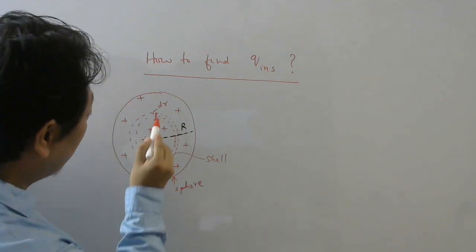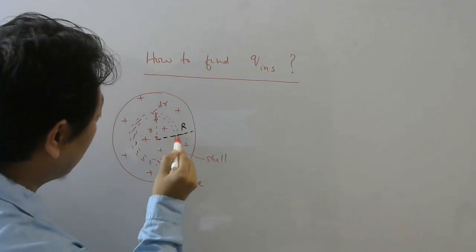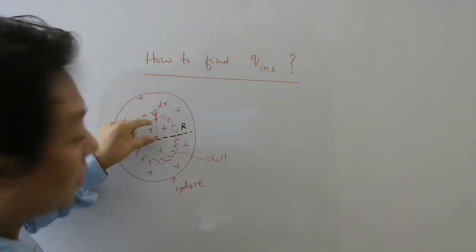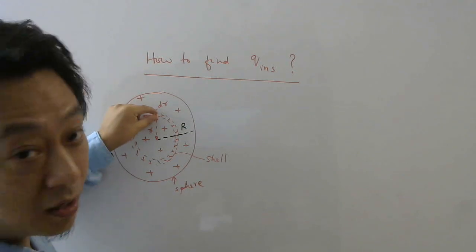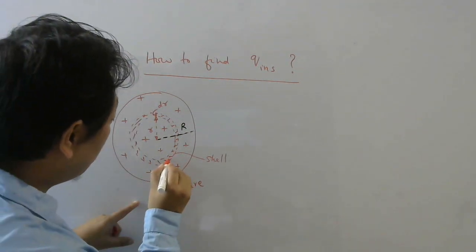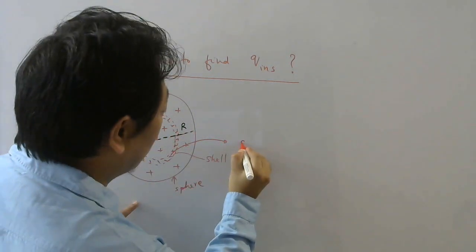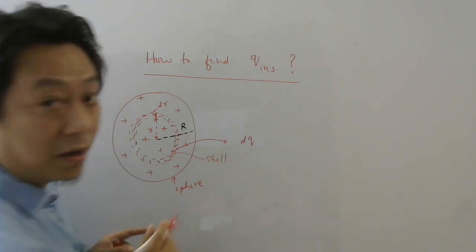So here I have shown you one shell whose radius I have taken small r, and the thickness of the shell I have taken dr. So what would be the charge on this small shell? Let me call the charge dq. Why dq?